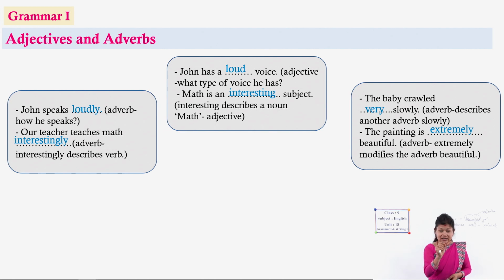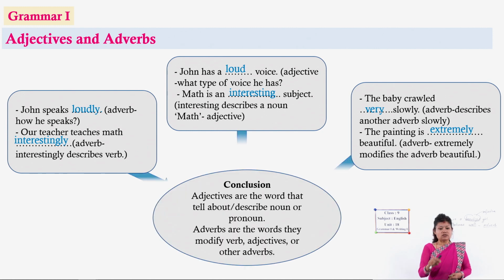Beautiful is an adjective, it describes the painting, but to what extent is it beautiful? The degree of beauty. Extremely beautiful emphasizes it. So extremely is an adverb. It means that, dear students, an adverb can also qualify an adjective.